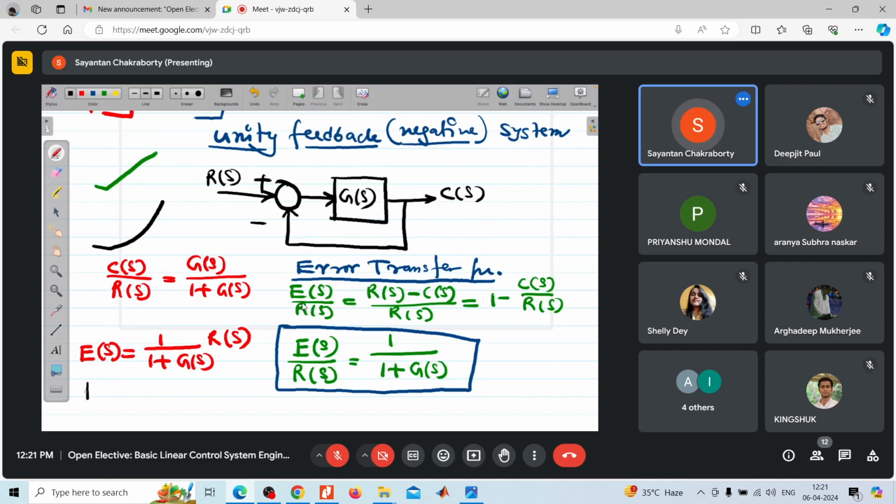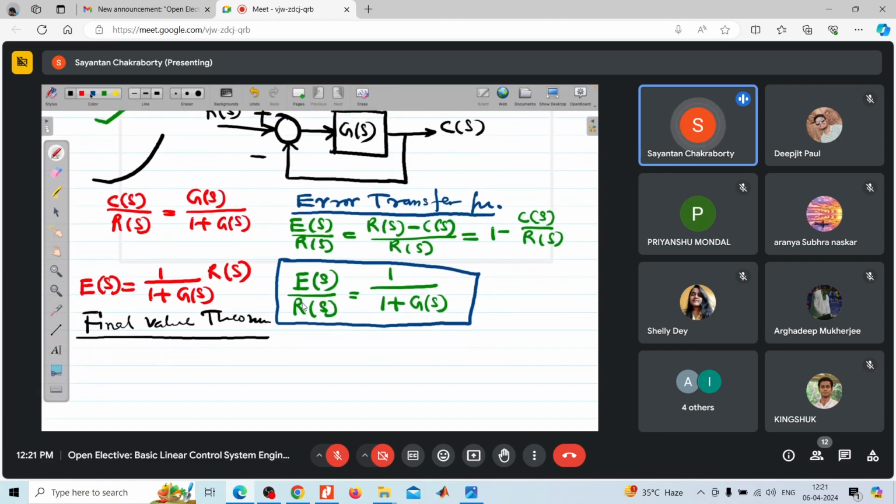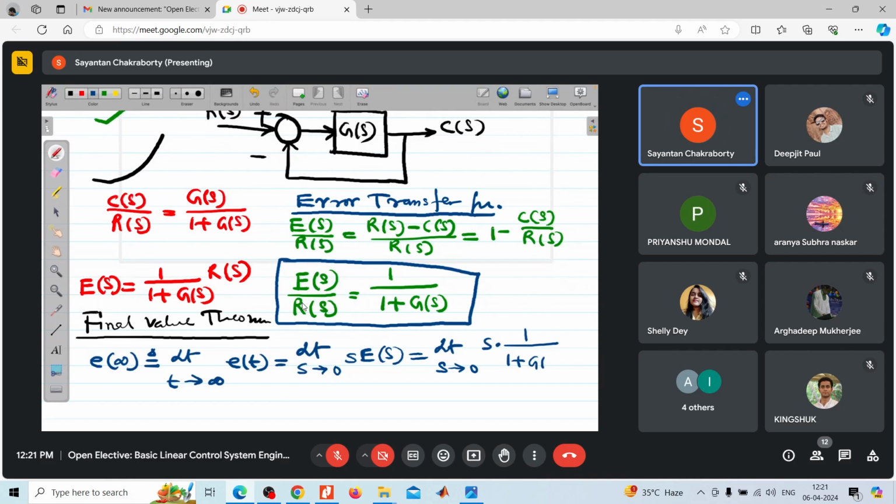And using the final value theorem, our objective is to find e(infinity), defined as limit t tends to infinity e(t), which following the final value theorem will be limit s tends to 0 of s E(s), that is limit s tends to 0 of s times 1/(1+G(s)) R(s).